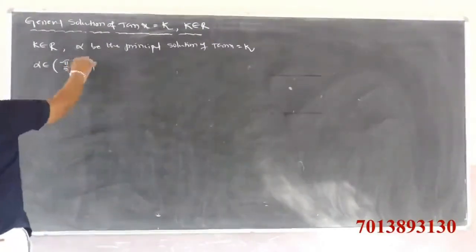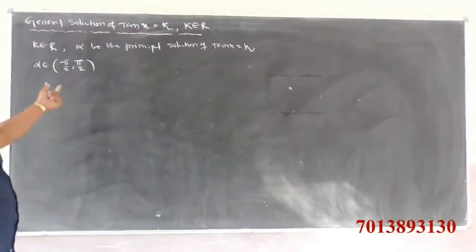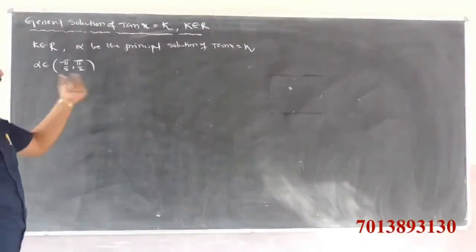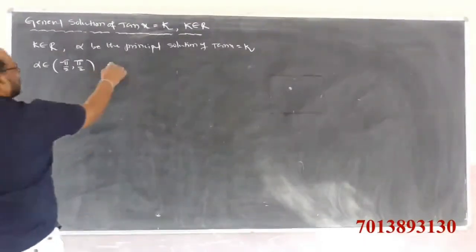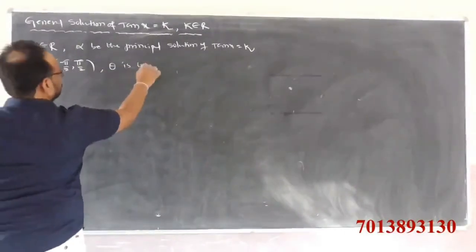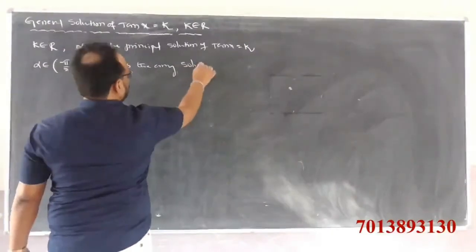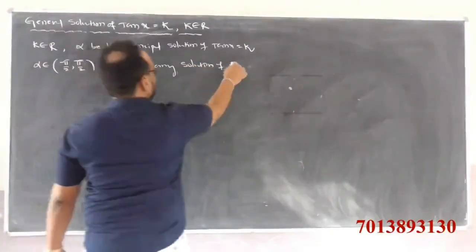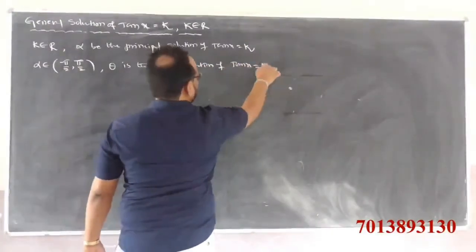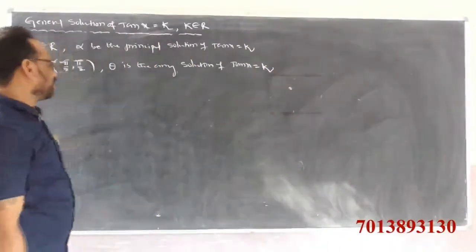There exists a unique value of alpha lying in minus pi by 2 comma plus pi by 2. Let theta be any solution of tan x equals k.